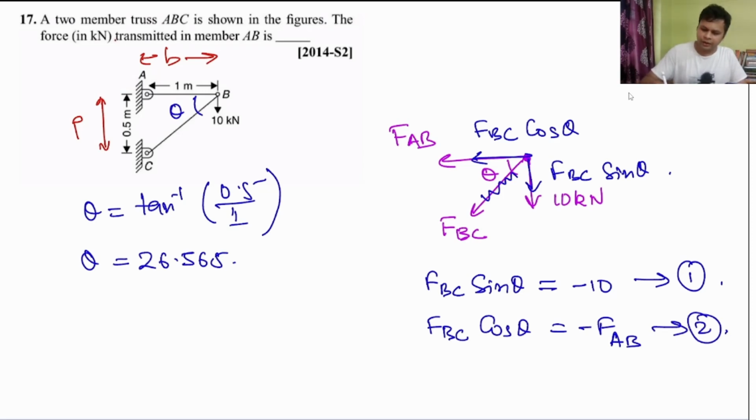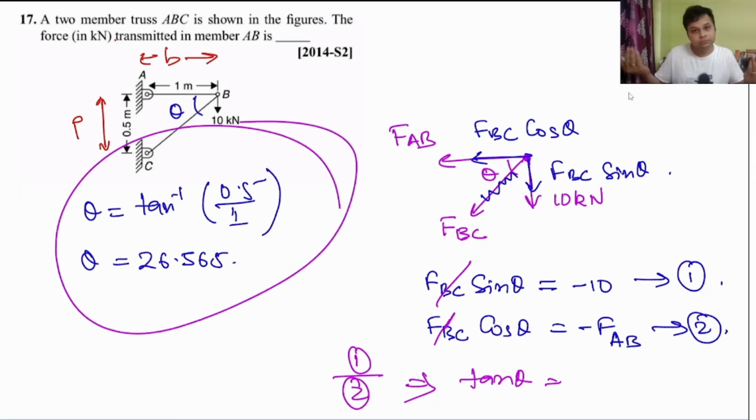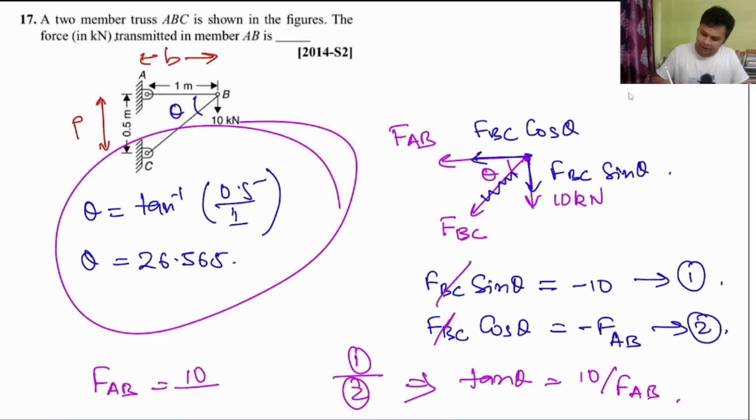Equation 2. So divide equation 1 by 2. If you divide equation 1 by 2, FBC will get cancelled out, and tan theta comes. We need not find out this angle. So this question can definitely be asked in the engineering services prelims. This will become 10 divided by FAB. So FAB is equal to 10 divided by tan theta.